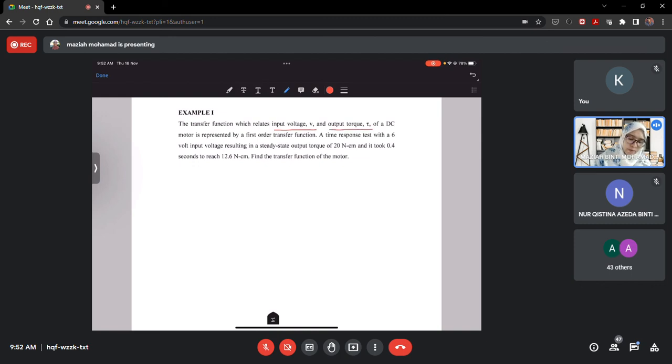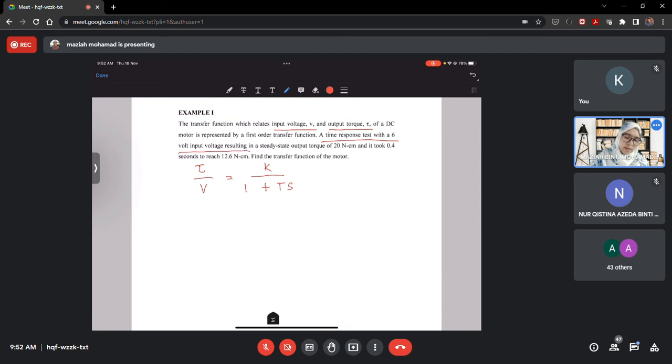The transfer function will be torque over voltage, equal to the first order transfer function. When it says first order transfer function, we write the general transfer function K over 1 plus TS.